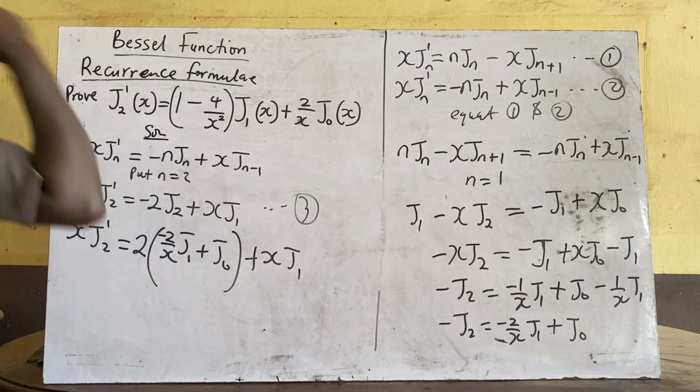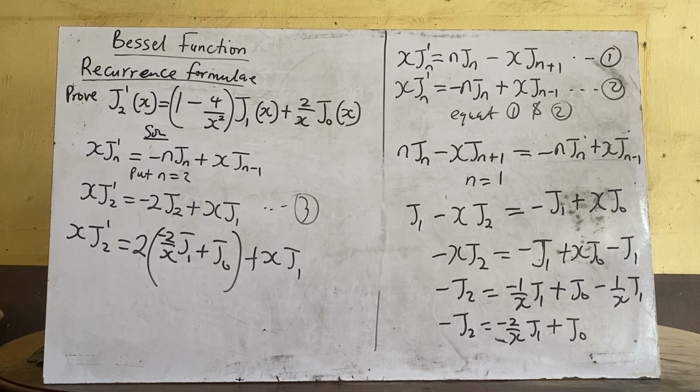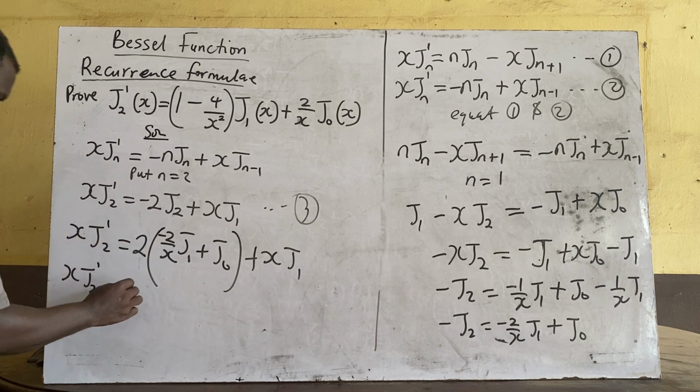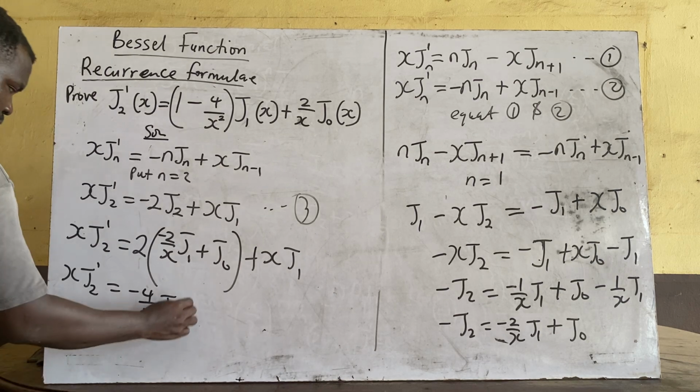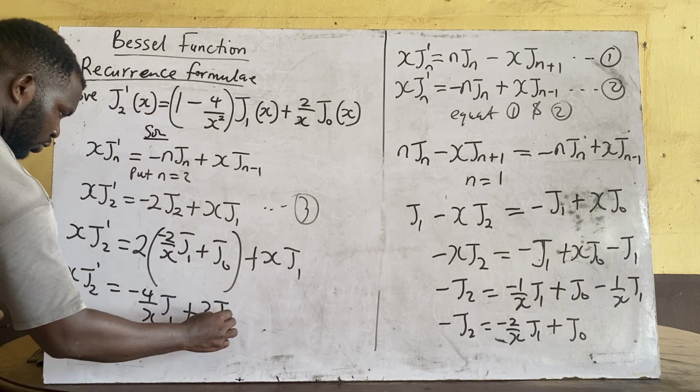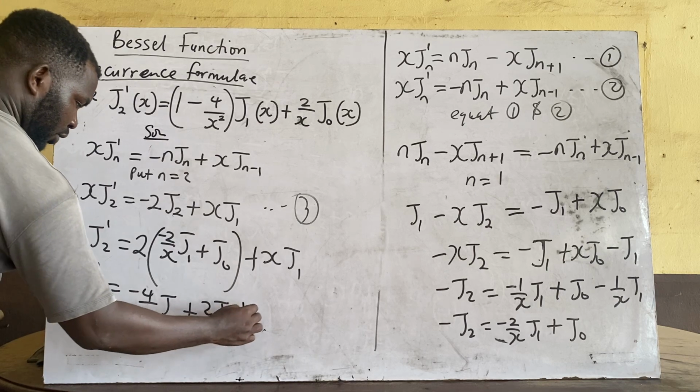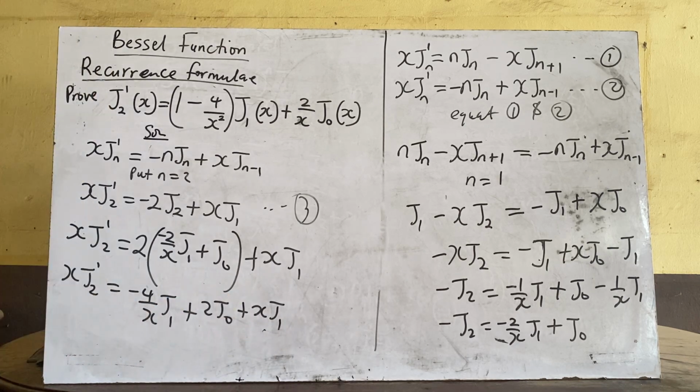If I clear the brackets, x J2 prime will be equal to minus 4 over x J1 plus 2 J0 plus x J1.